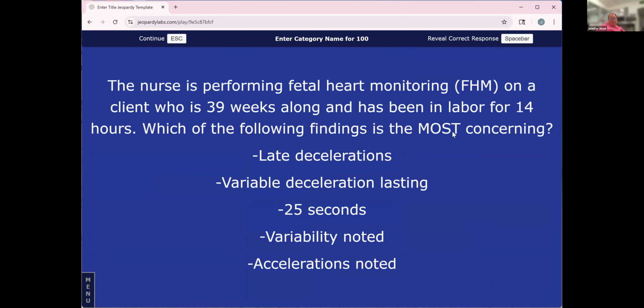Read the question. The nurse is performing fetal heart rate monitoring on a client who is 39 weeks along and has been in labor for 14 hours. Which of the following findings is the most concerning? Before I even look at my answers, I should have it in my head. What is most concerning?